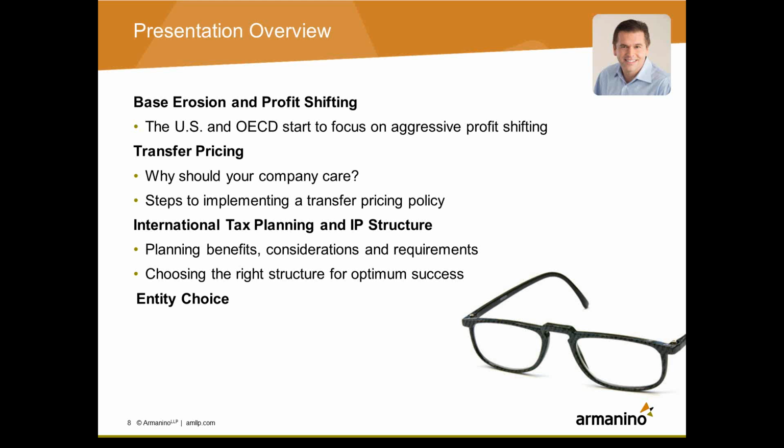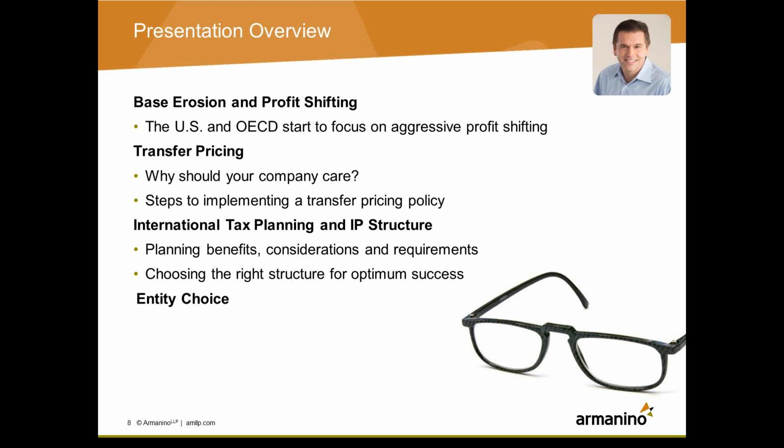We'll also talk a little about transfer pricing, asking the age-old question of why your company should care, and why you have to do transfer pricing documentation or benchmarking. We'll look at several steps to implement an efficient transfer pricing policy, as well as strategy in general for intercompany transactions.